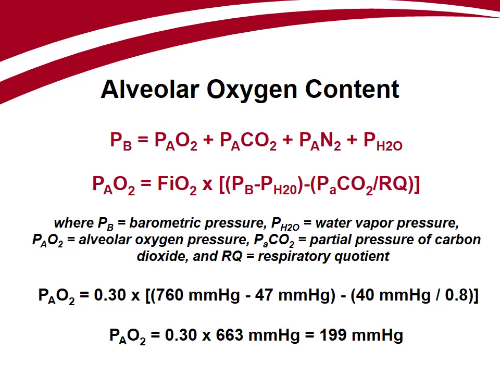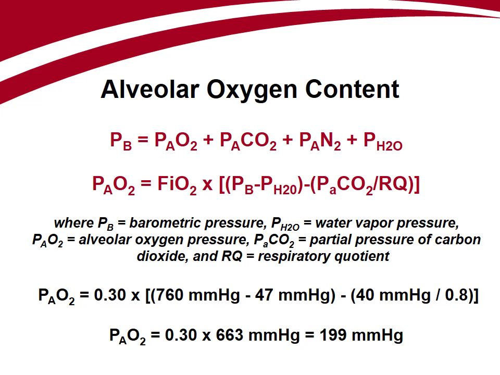As nitrogen does not participate in gas exchange, we can ignore this inert gas. Rearranging, we find that alveolar partial pressure equals the inspired oxygen fraction times barometric pressure minus water vapor pressure, minus the arterial partial pressure of carbon dioxide divided by the respiratory quotient. For most purposes, we can assume that the respiratory quotient is equal to 0.8.